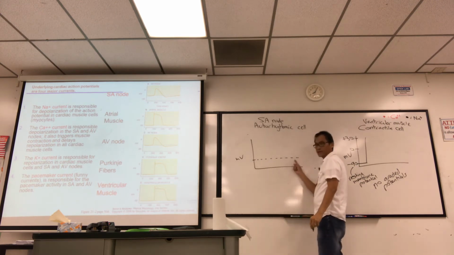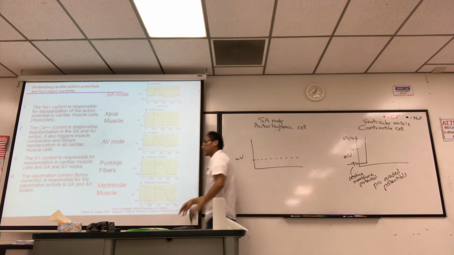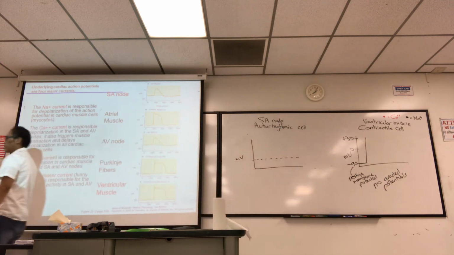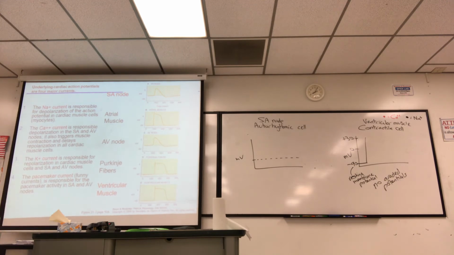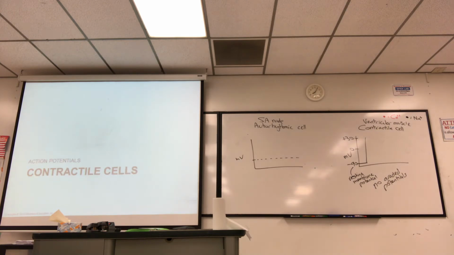There is a threshold potential for the autorhythmic cells. I can't remember the number. I have to cheat and look at the slide. I think it's -40. Yeah, -40.